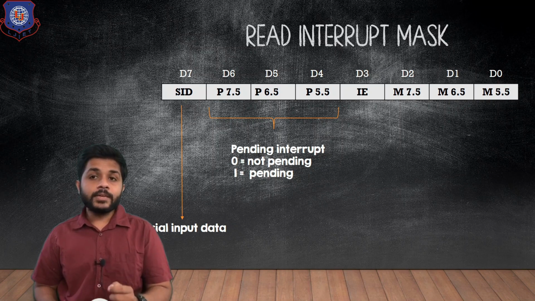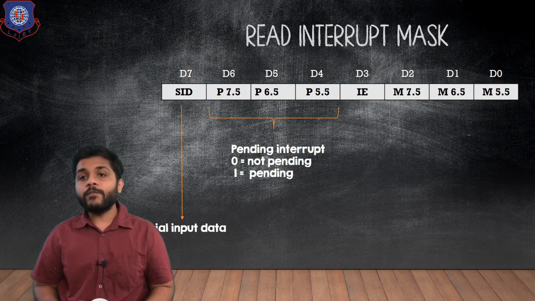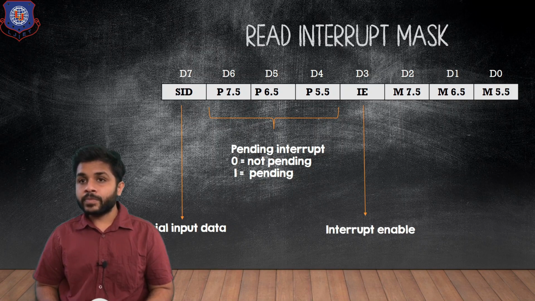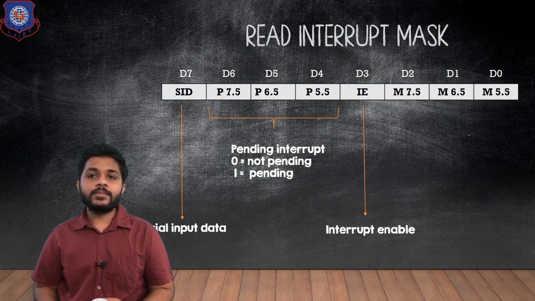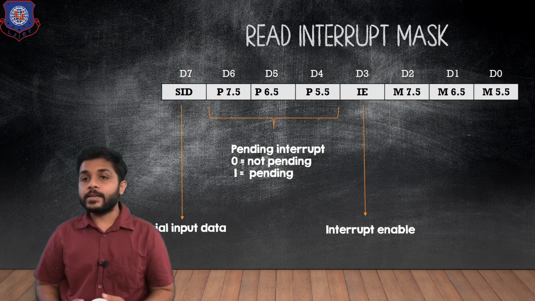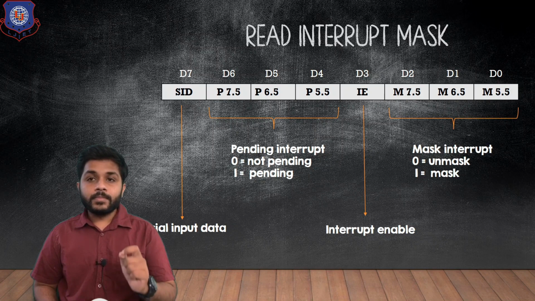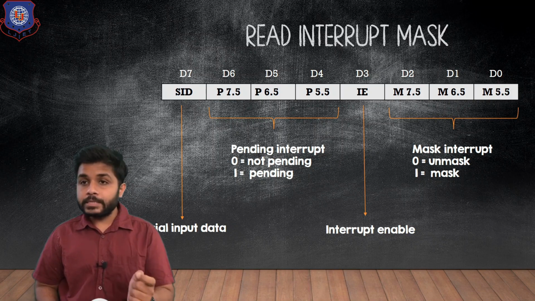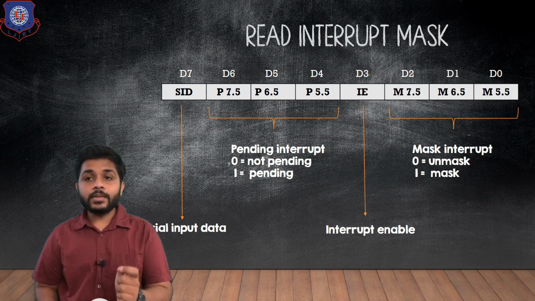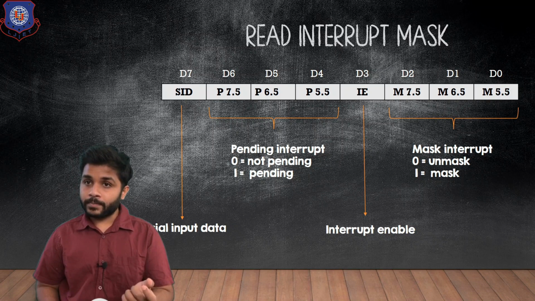The next bit is D3, which means interrupt enable. When the interrupt enable bit is 1, the interrupt enable flip-flop is set. If it is 0, the interrupt enable flip-flop is reset. Then the D0, D1 and D2 bits represent whether the interrupt is masked or unmasked.